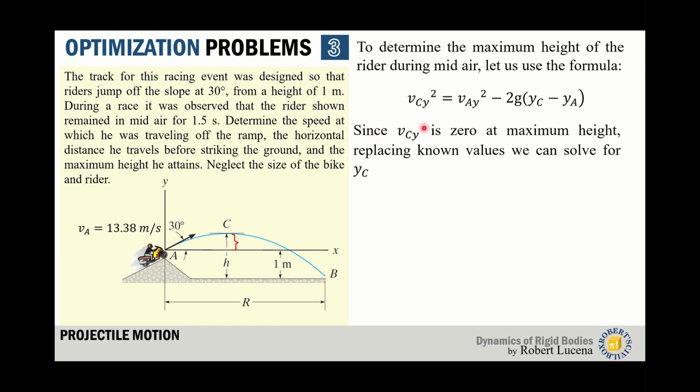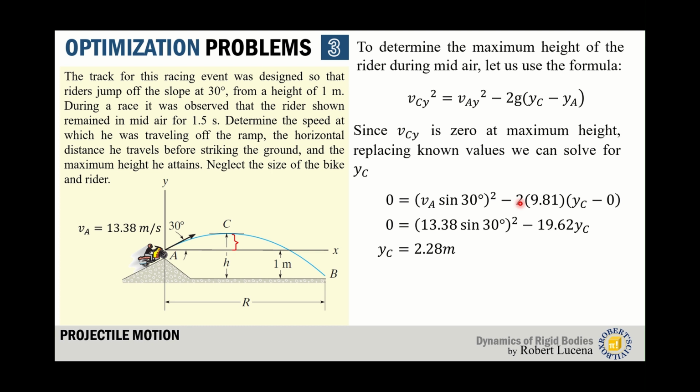Now let's substitute the values. vCy is 0 at maximum height, replacing known values, we can solve for yC. We substitute the values, that is 0, and this is the initial y component velocity at point A, minus 2 times 9.81 times yC minus 0. And then there you have yC.